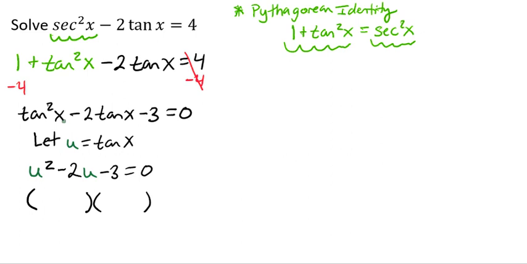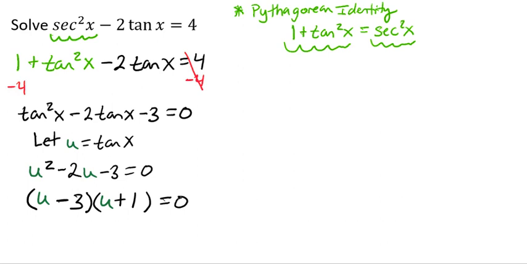So we want to know what two numbers will multiply to negative 3 but add to negative 2. There's only two numbers that can multiply to 3, and that is 3 and 1. So what signs do I need to have there to get them to add to negative 2? If my 3 is negative and my 1 is positive, that will work.